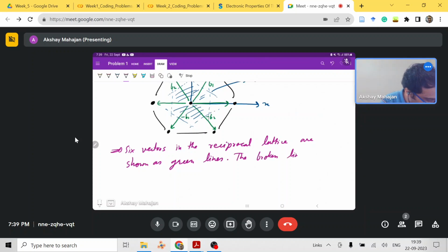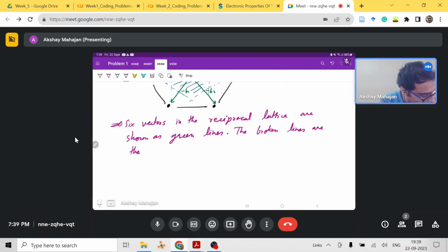The broken lines are the perpendicular, the broken blue lines, are the perpendicular bisectors at the midpoints.